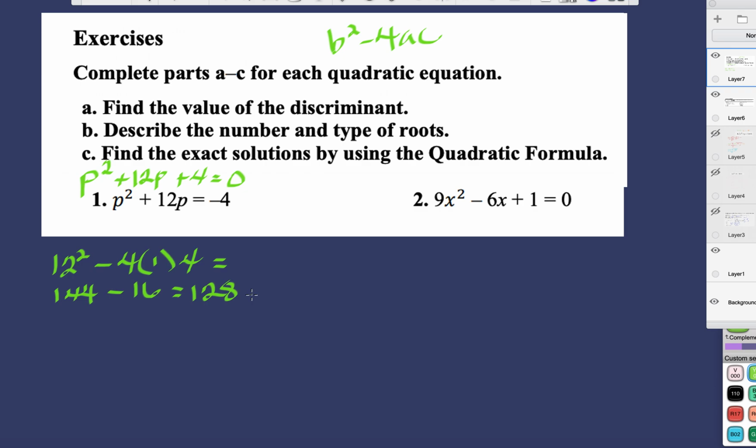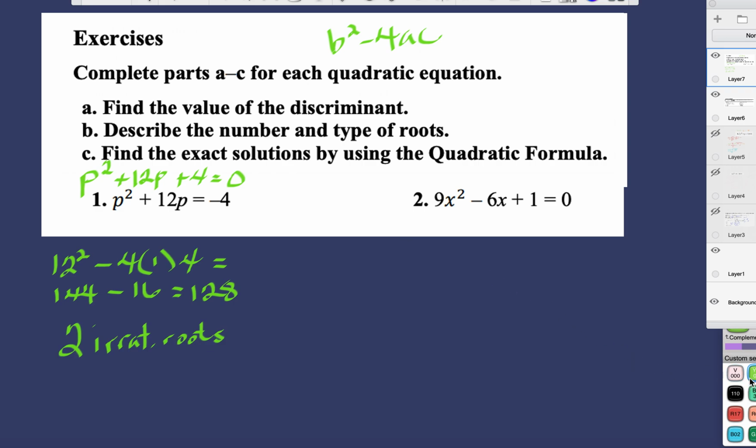But I know that this 128 is not a perfect square, so I know it has two irrational roots. And I don't really want to go on farther than that.